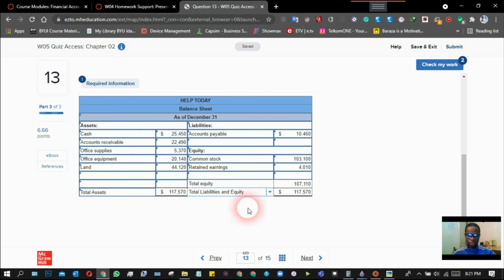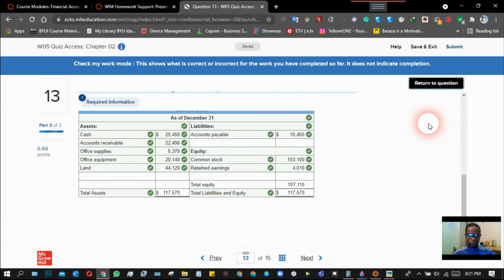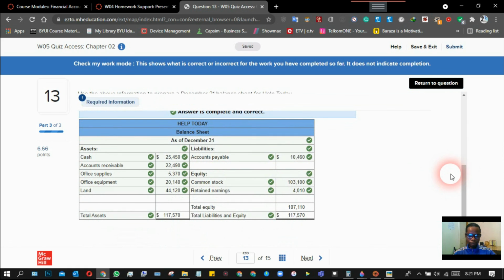So you have to double check to make sure the account balances. This will give us the balance sheet as of December 31st. Now let's check to see if our accounts balance. There you have it. The answer is complete and correct.